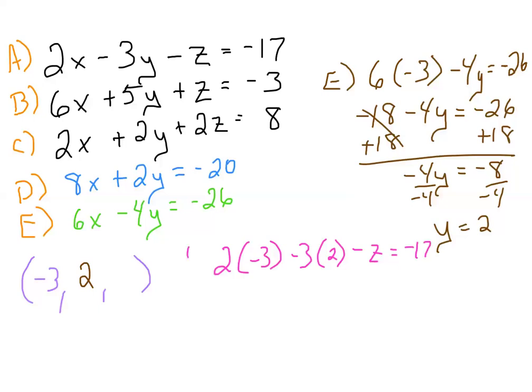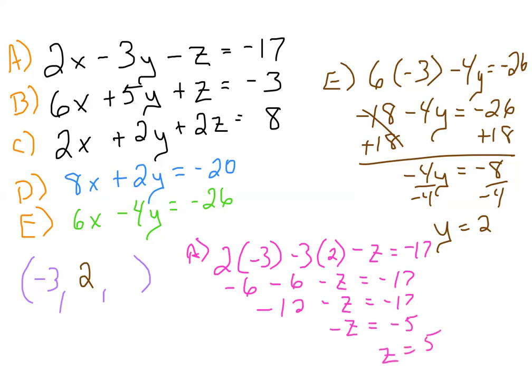And this is A. All right, so I get -6 minus 6 minus Z equals -17. Combine my like terms. Add my 12 over. I'm running out of room, so I'm not showing it. And then divide by -1, so I get Z equals 5. And that is the answer.